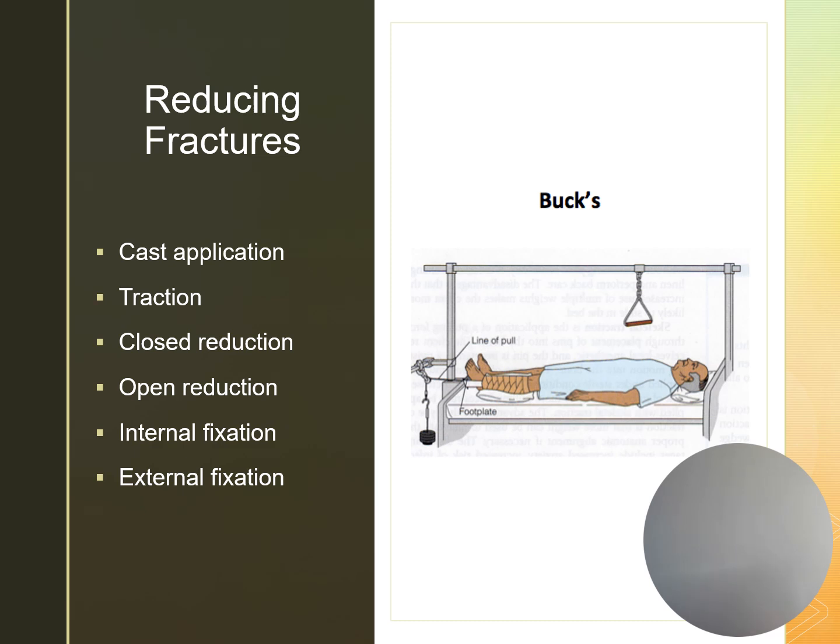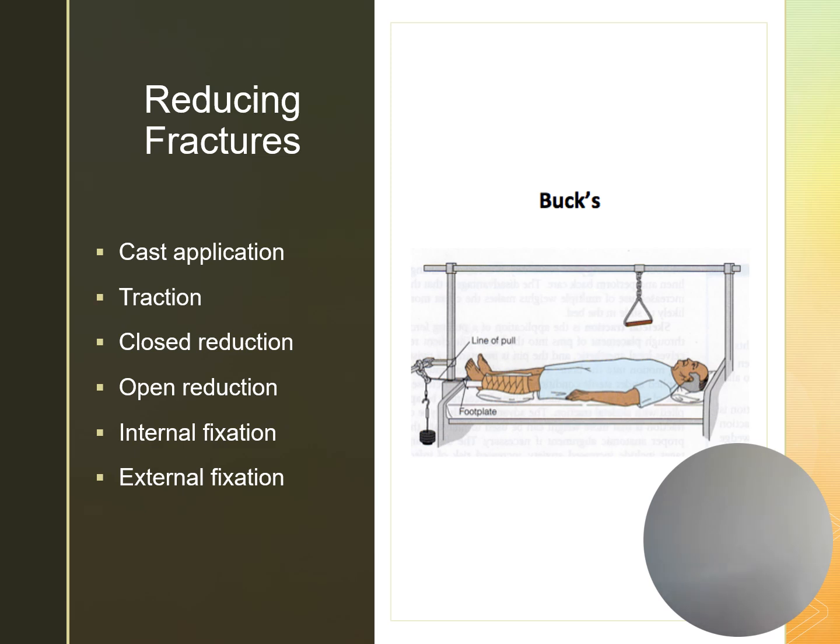The types of traction include skin traction, which involves a device applied to the skin, such as a boot, and skeletal traction, which would involve pins or wires being inserted into the bone and then the weights appropriately applied.